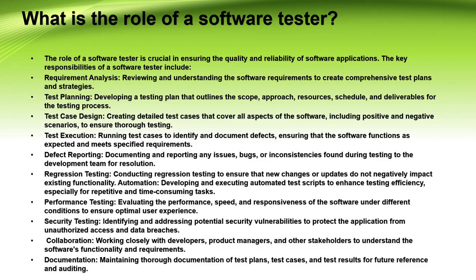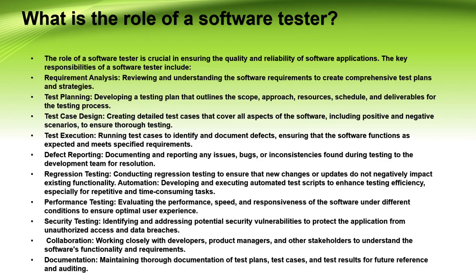So, if the developer makes any new changes or updates in any application or software, then we do regression testing to check that the new changes or updates are not negatively impacting the existing functionality. Then we do automation. So, what is automation?